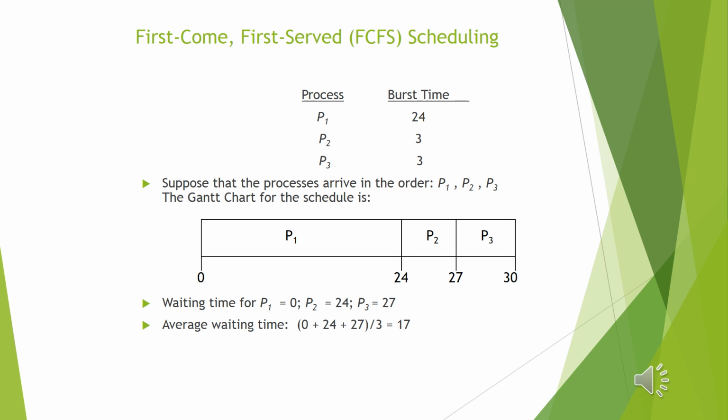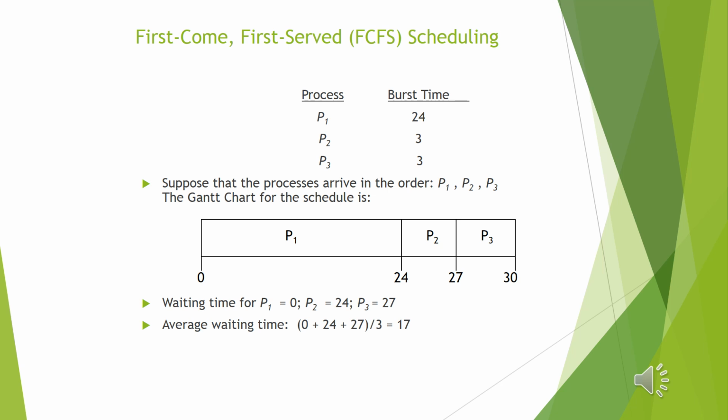So the moment process 1 finishes execution, process 2 will now enter. Process 2 has a burst time of 3. That is the execution time of process 2 is 3. So when you add 3 plus 24, that is the time that it wasted waiting for process 1 to finish its execution plus its time of execution, it will give you 27. So that is when process 2 will finish its execution, at 27.